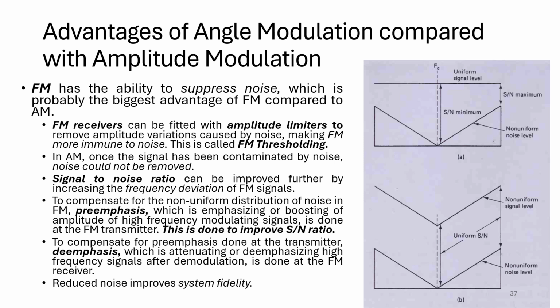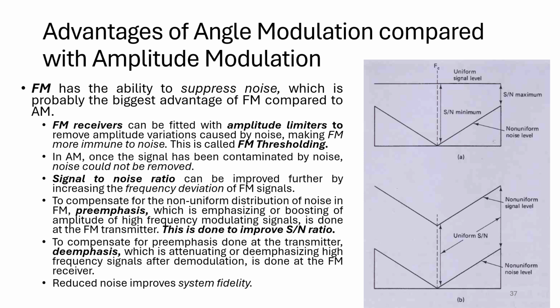Okay, so what is the counterpart of pre-emphasis? So de-emphasis. So if pre-emphasis is a high-pass filter, de-emphasis is a low-pass filter, which is attenuating or de-emphasizing high-frequency signals after demodulation. Okay, and this is done at the FM receiver.